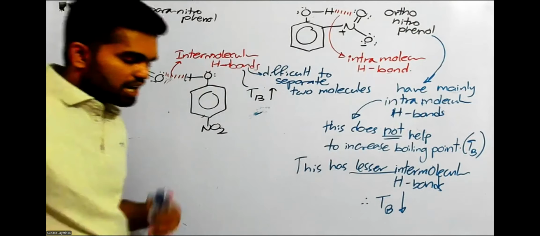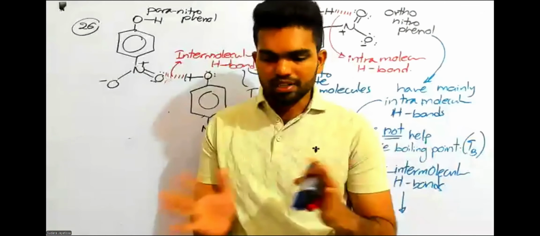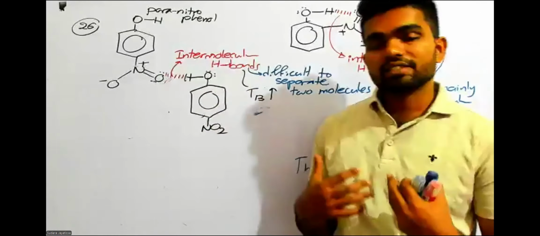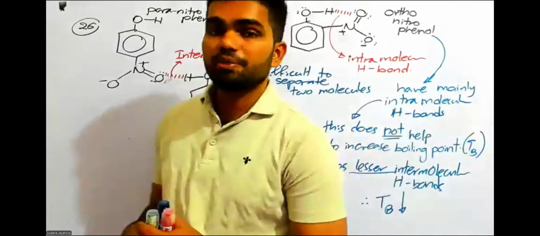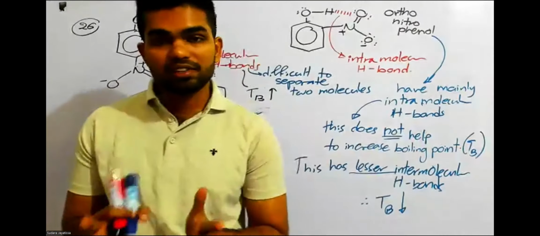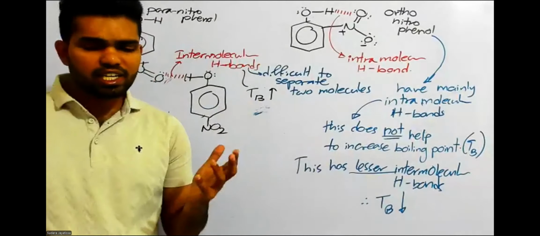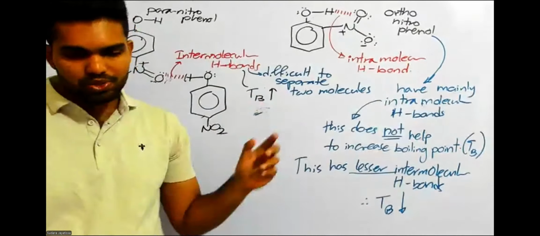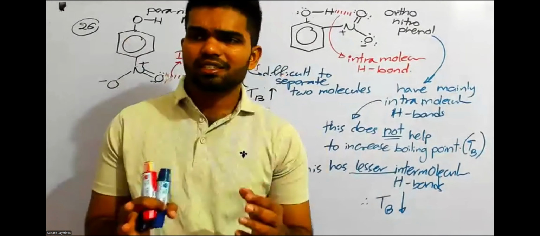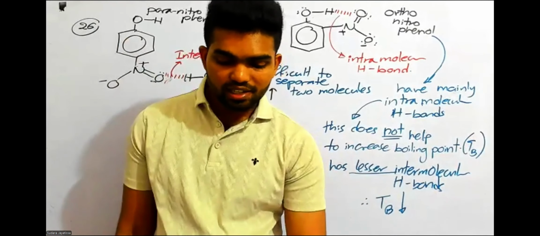Paranitrophenol is having intermolecular H bonds between molecules. And what is responsible for the higher boiling point is the intermolecular H bonds, not the intra. Remember that well. If you check your theory book, I gave you the boiling point values also. It is a significant difference, as I remember around 60 degrees Celsius.